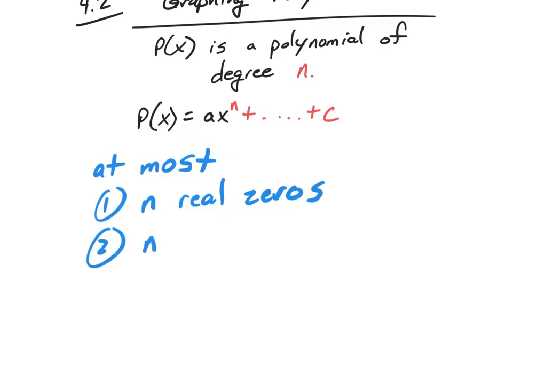At most n x-intercepts, which are essentially the same thing. X-intercepts talk about an actual point on the graph. Zeros are what make that function equal to 0. But they're the same thing. They're correlated to one another. We just have a slightly different name or terminology for them.